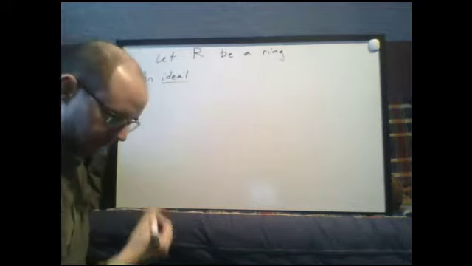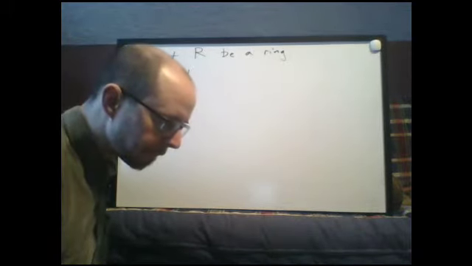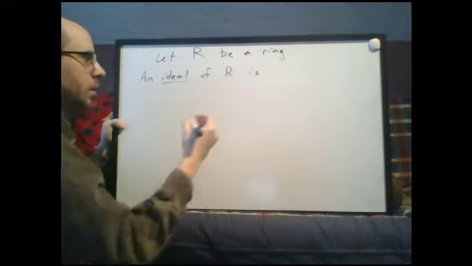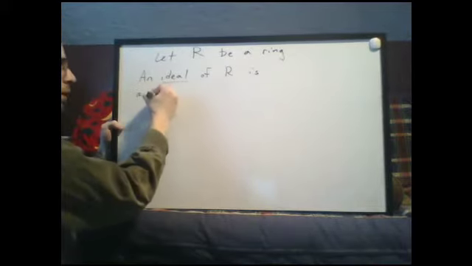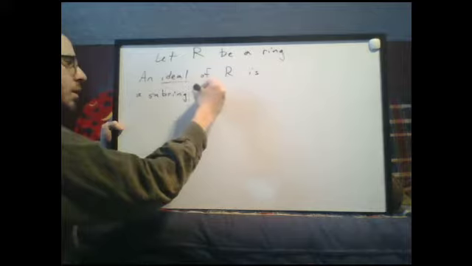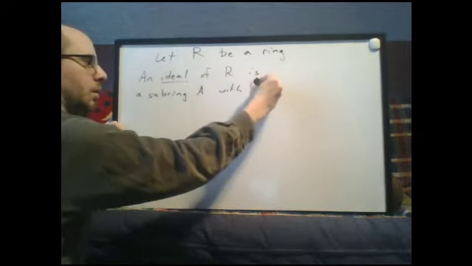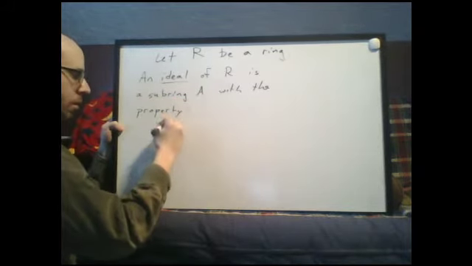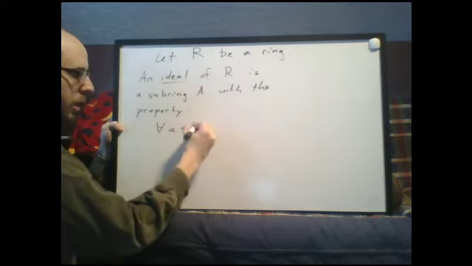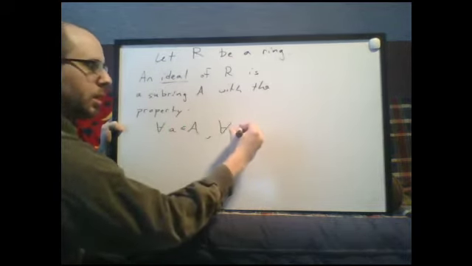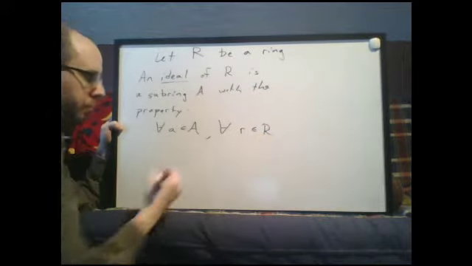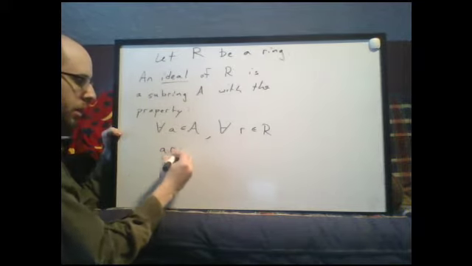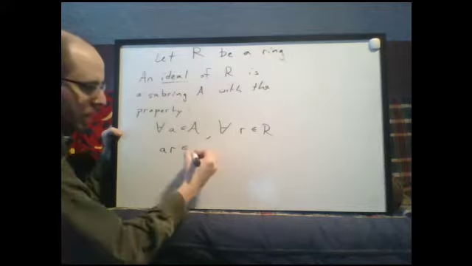An ideal of R is a subring A with the property that for any little a in capital A and for any little r in capital R, if I multiply the two, a times r, that's going to be an element of the ideal A.